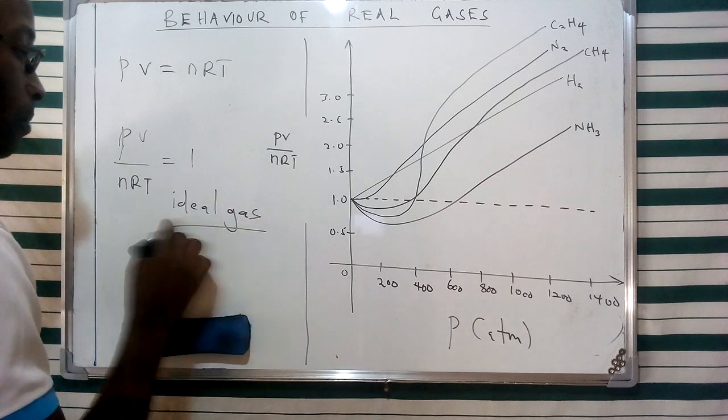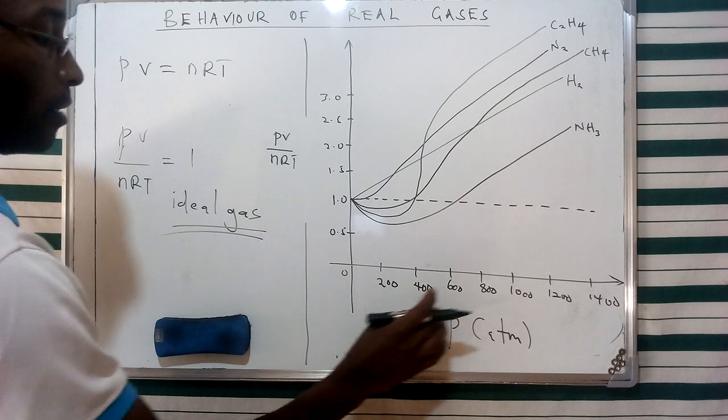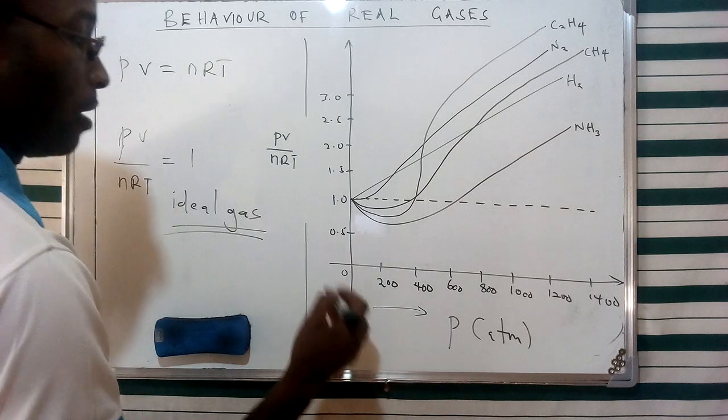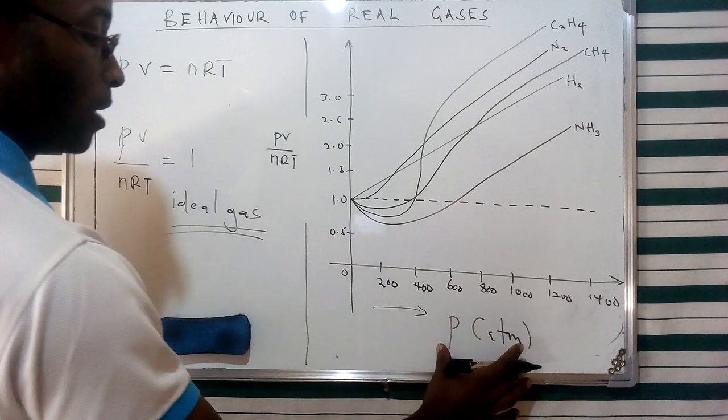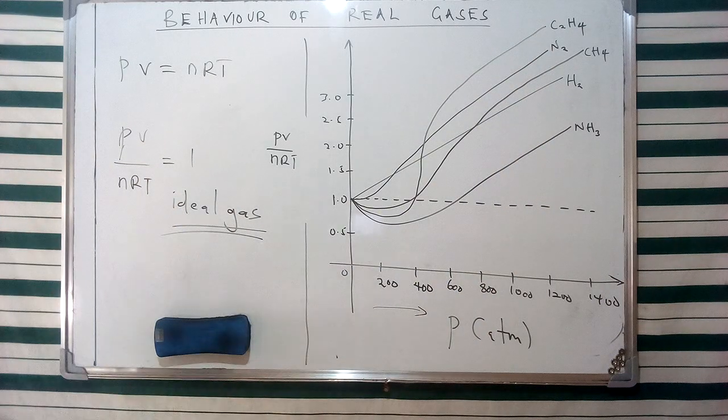So at this specific point, if we're seeing a compressibility factor of 1, as the pressure in atmospheres increases, there's going to be a deviation from this ideal situation as I've mentioned. And this can assist us monitor the behavior of various gases using this particular aspect of a compressibility factor.